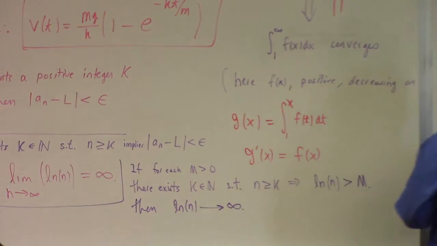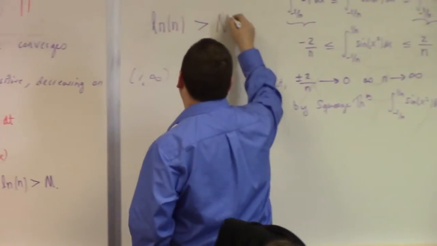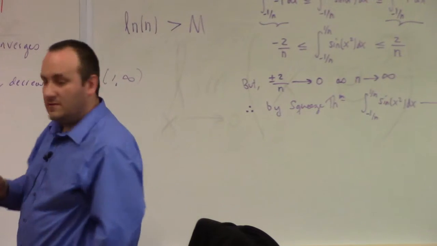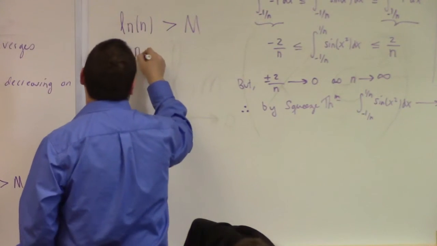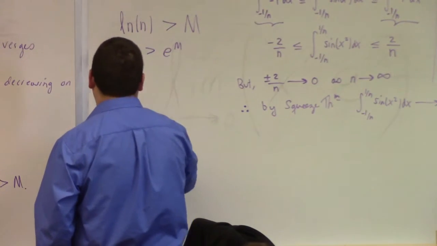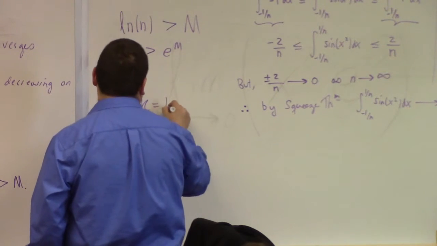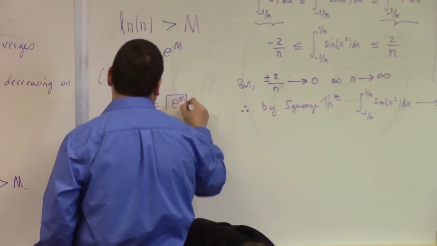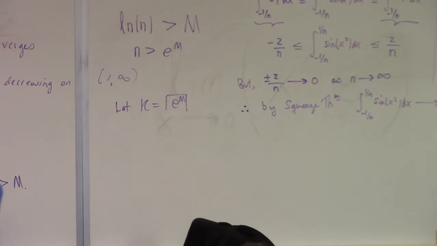In this one, what are you trying to do? You want the natural log of n greater than m. What n should you use? How about this? This means n is greater than e to the m, so k equal to the ceiling of e to the m should probably work. The next positive integer past e to the m.